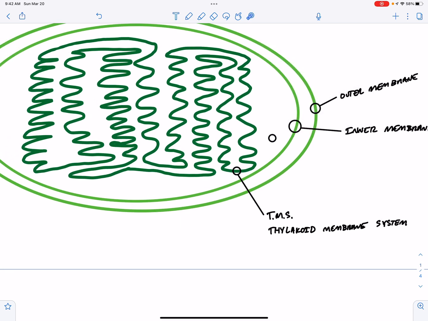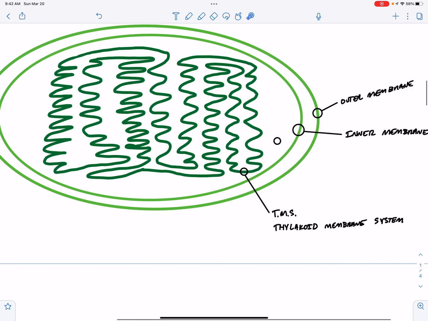The reason for this is that this is the membrane upon which, or in which, all of the light-dependent reactions of photosynthesis are going to take place. As you remember, as you increase the size of something, the surface area to volume ratio decreases as the thing gets bigger and bigger.